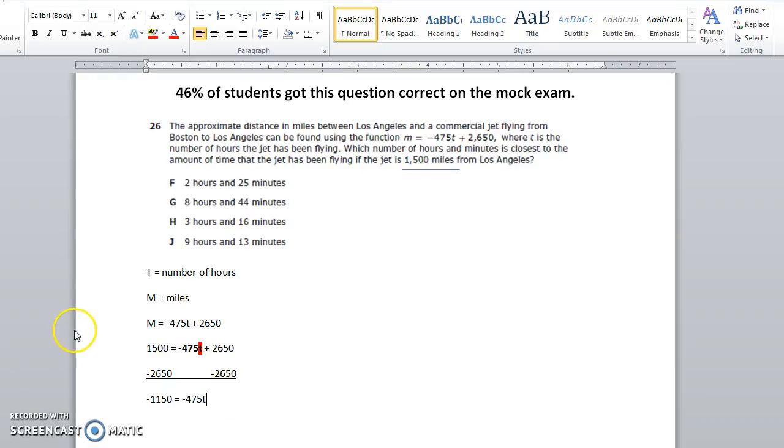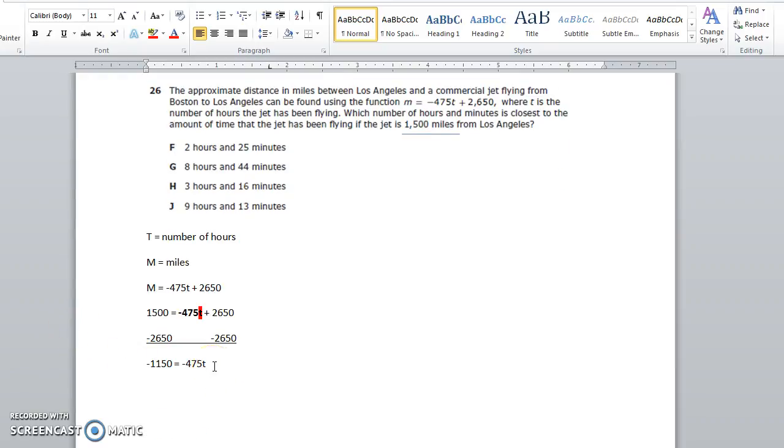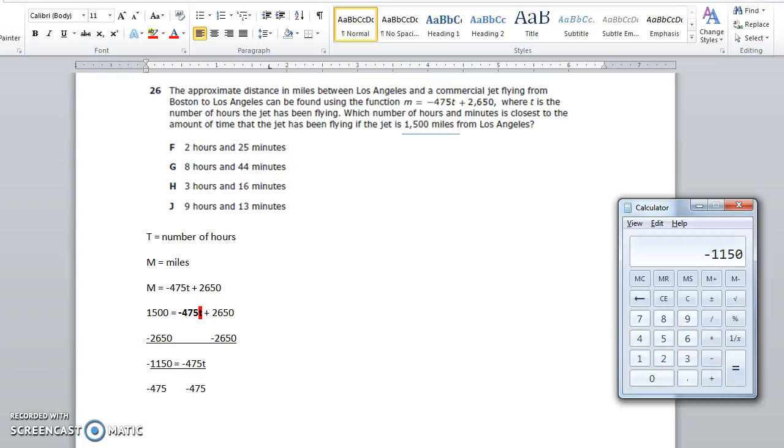I still need the t by itself. So now I need to do the opposite of what I see here. I see a negative 475 times t, so I need to divide everything by negative 475. So divide by negative 475, divide by negative 475. On the left side, I get negative 1,150 divided by negative 475.